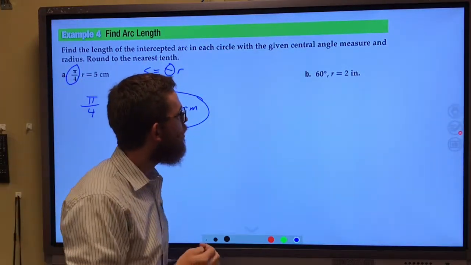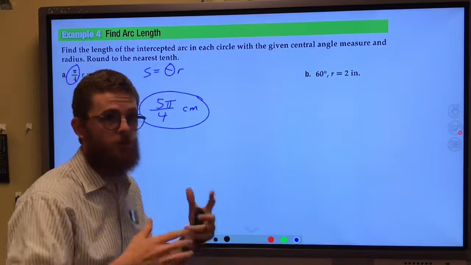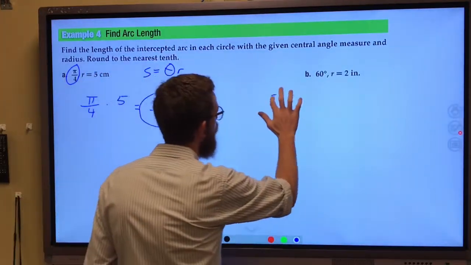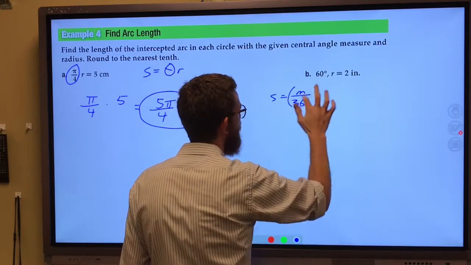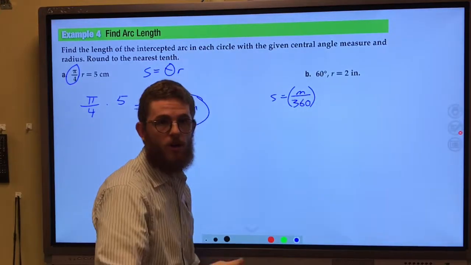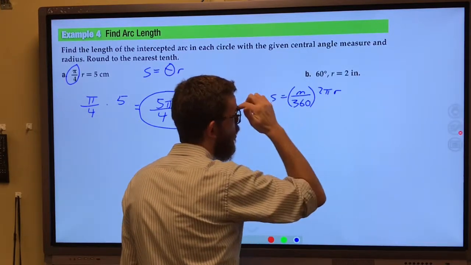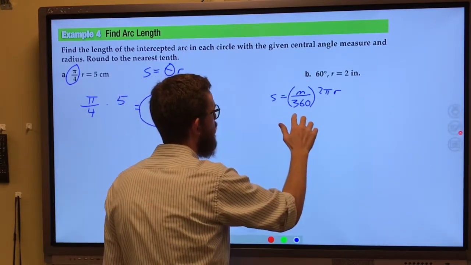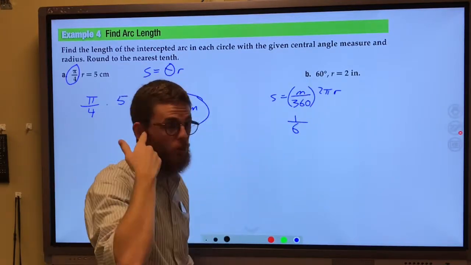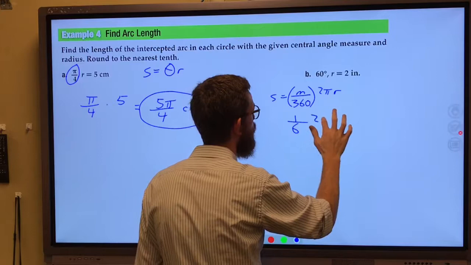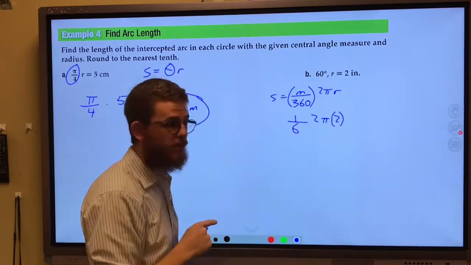Over here, 60 degrees. Here we're working with degrees, so remember our original formula: the measure of the central angle over 360, that's the fraction, times the circumference, 2 pi r. Well, 60 over 360 is 1/6, times 2 pi times 2, because our radius is 2.